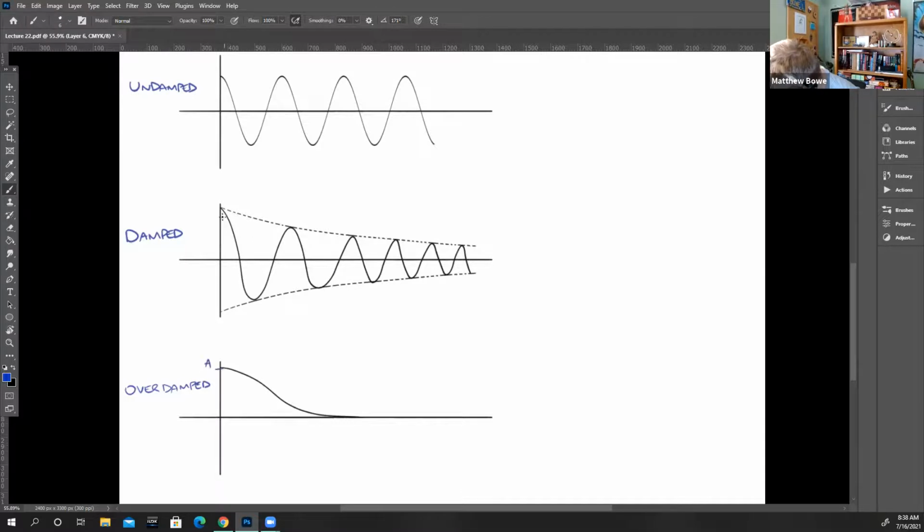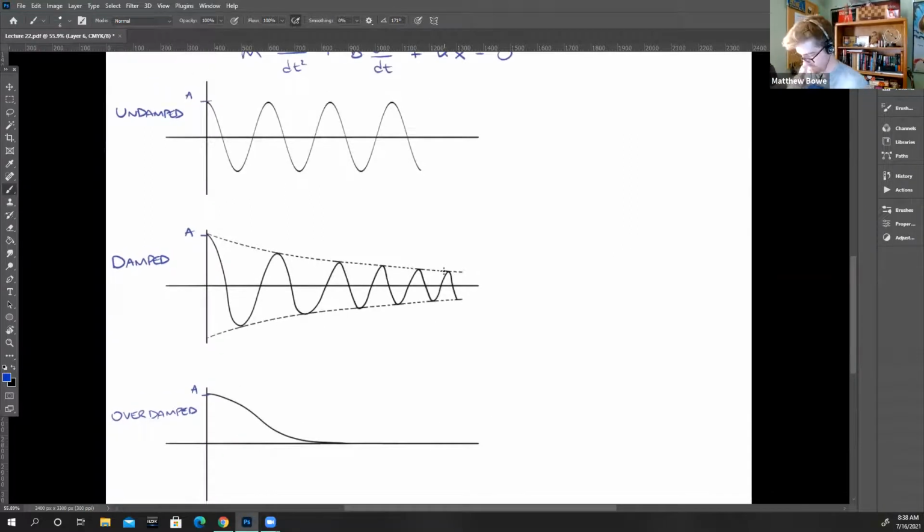They're all displaced by some amount of amplitude. The undamped continues on forever at the same amplitude. Let me try to make that look right.